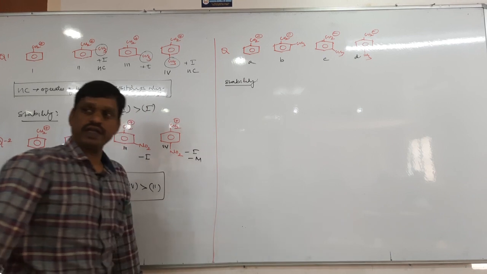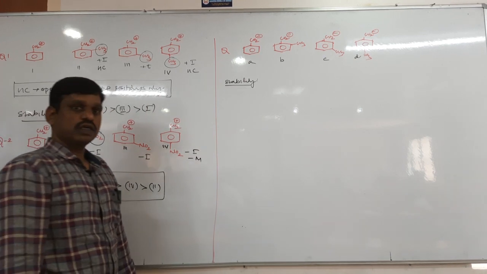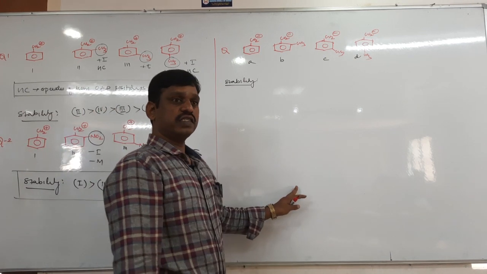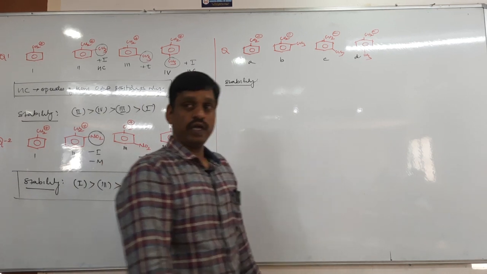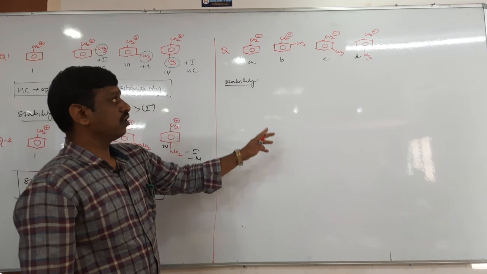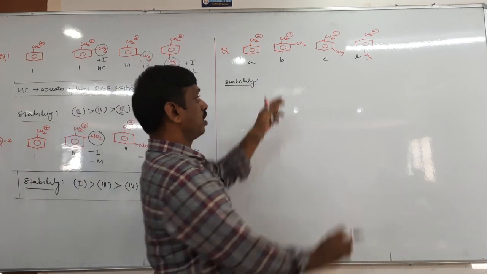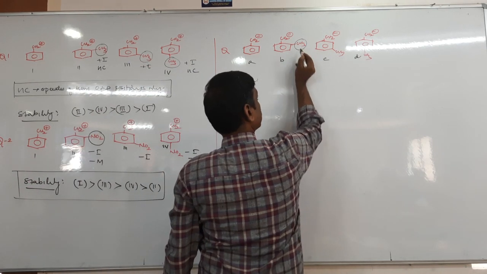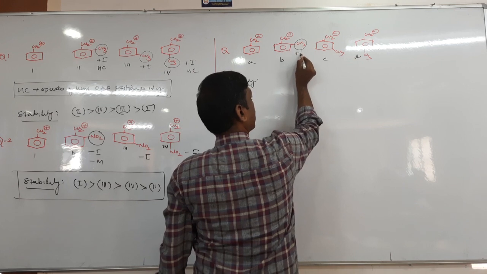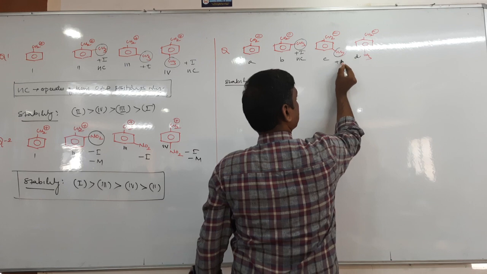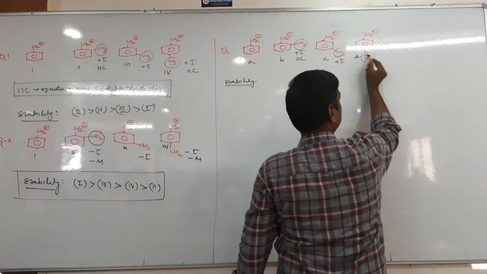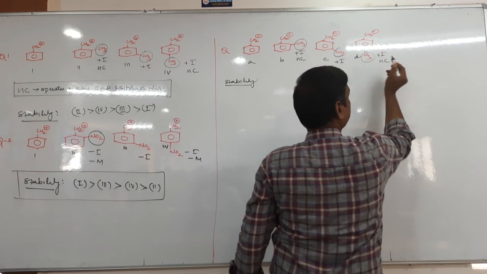Stability of carbanion. So here the carbanion stability is directly proportional to electron withdrawing group, inversely proportional to electron releasing group. Therefore, here, plus M, plus I group and hyperconjugation. This is plus I group, no hyperconjugation. Here plus I group, hyperconjugation.